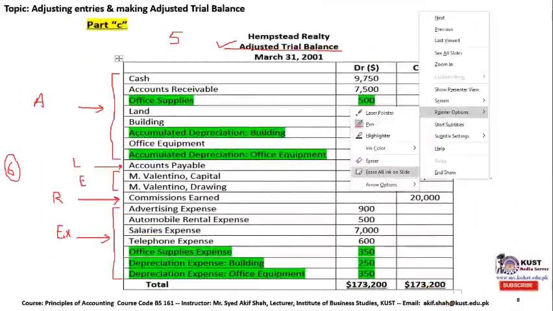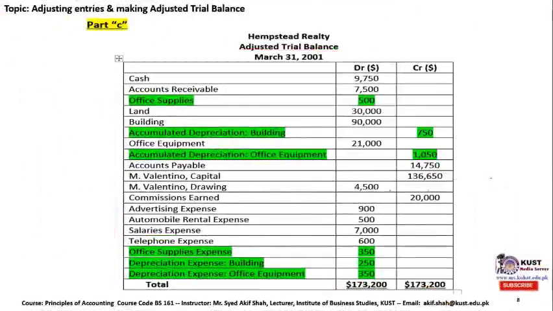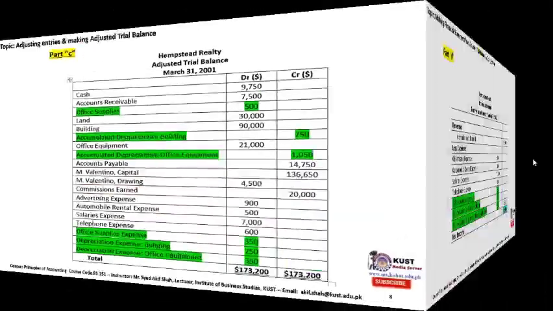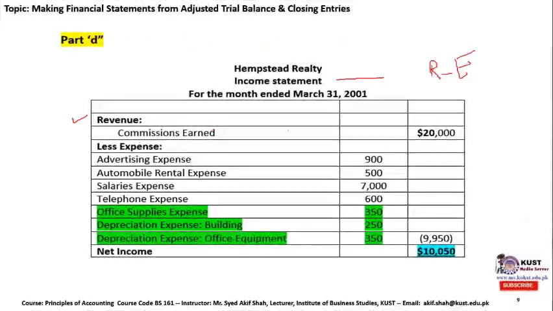We can see that there is only one revenue, titled commission earned. You can pick up this value, and as there is no debit and credit involved in the income statement, you can directly write down the commission earned in the rightmost column.